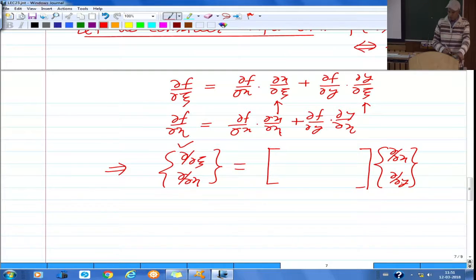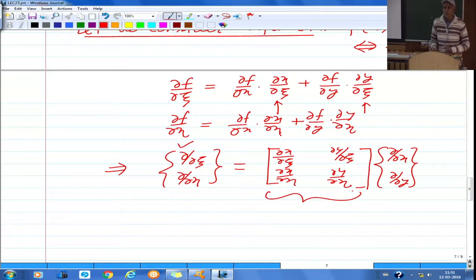On this side I am just taking out f, so del f by del xi, del f by del eta. Then what you are left with is del x by del xi and del y by del xi, del x by del eta and del y by del eta. And this relationship that we have here is actually known as the Jacobian matrix.